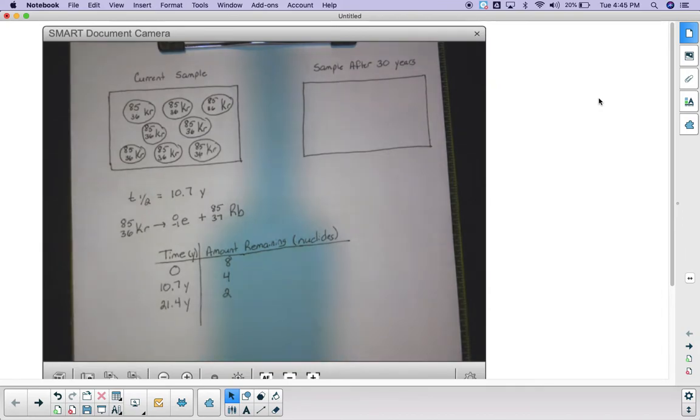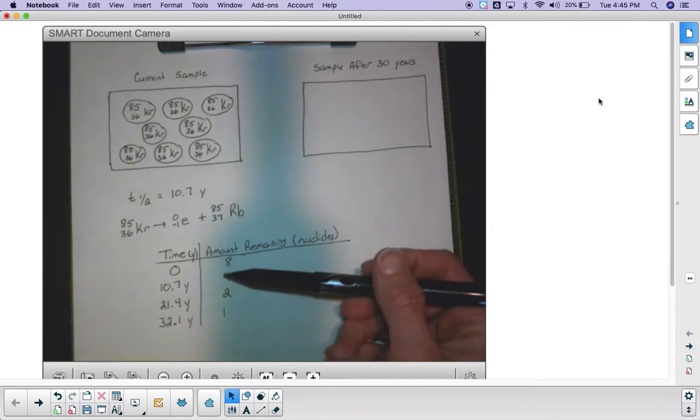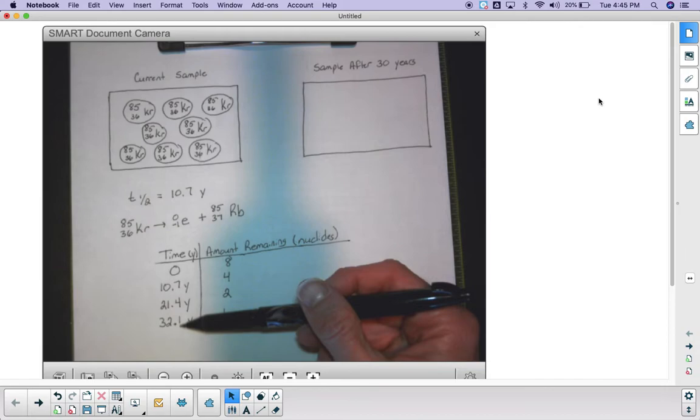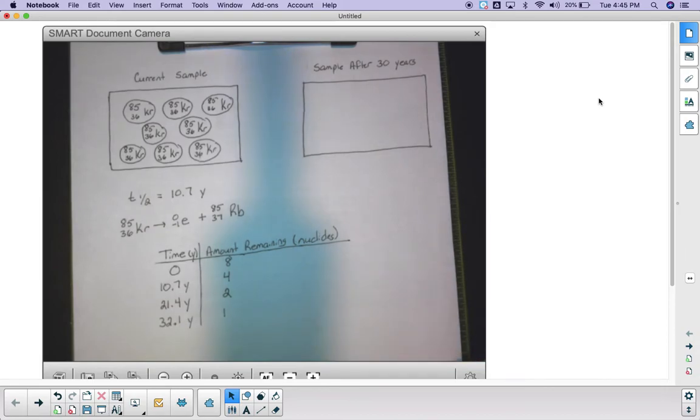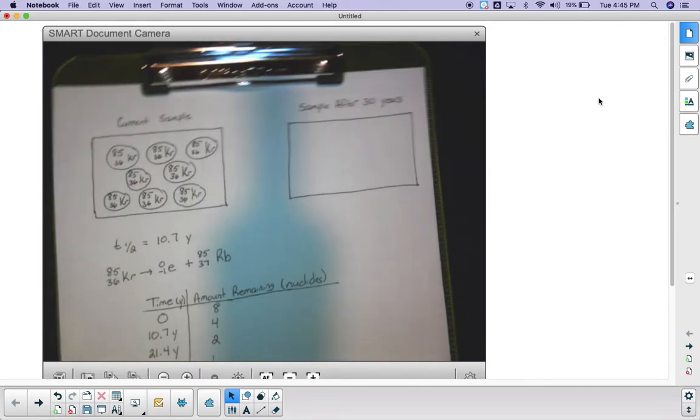And after another half-life goes by, I'll be down to only 1 of those remaining. So I'm supposed to draw a picture of my sample after 30 years. By best estimate, looking at my T-chart, 30 years is getting pretty darn close to 32 years, so it's probably reasonable to think that I probably only have 1 of those nuclides of my krypton remaining.